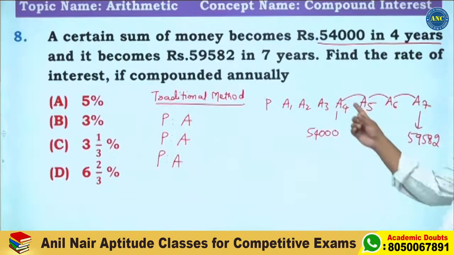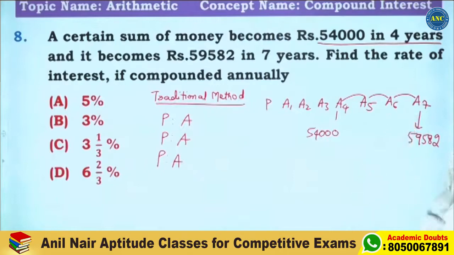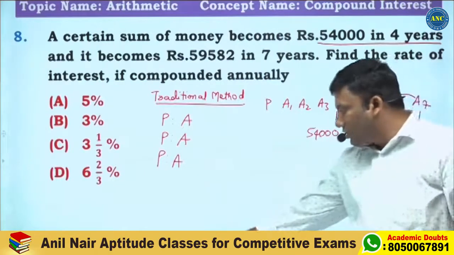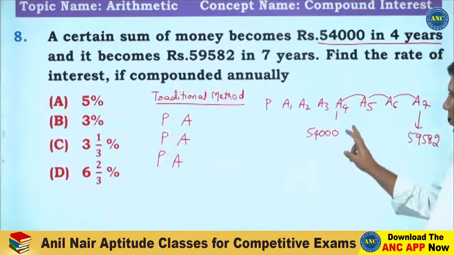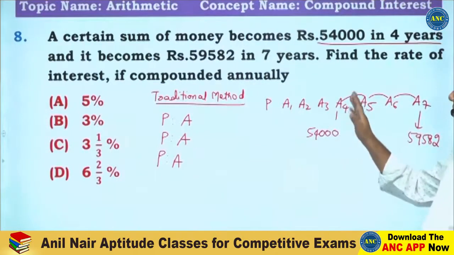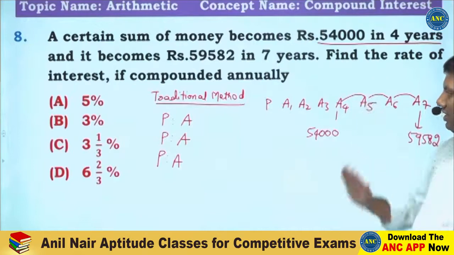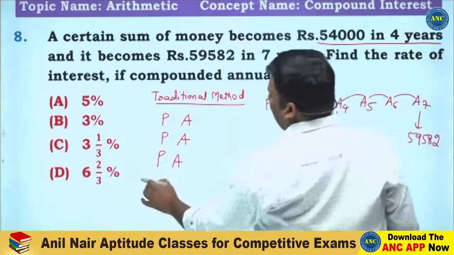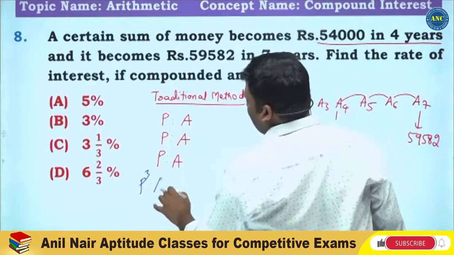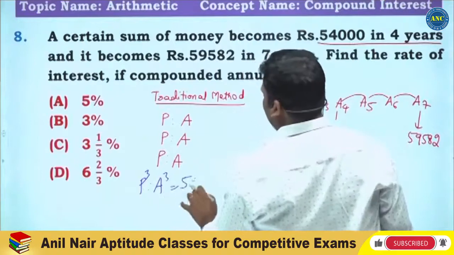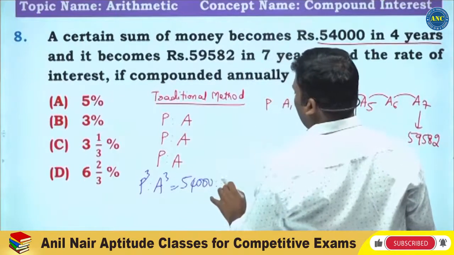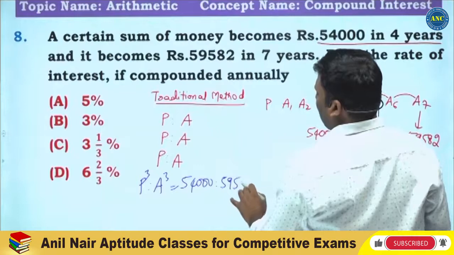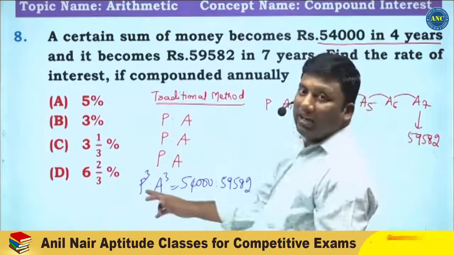So the total time period is equally distributed, and the multiplication factor should also be equally distributed. So the amount at the end of the 4th year becomes the principal for the next period, and this is how students will solve it. Waste of time. 54,000 to 59,582. I need a cube.